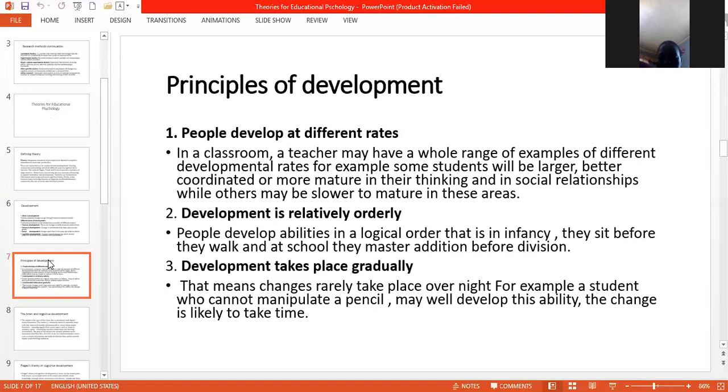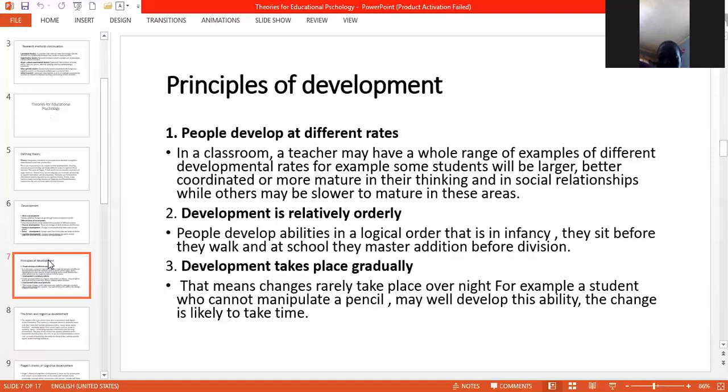That is the 3rd point on the principles of development. People develop at different rates. Development is relatively orderly. Development takes place gradually. So those are the principles of development.